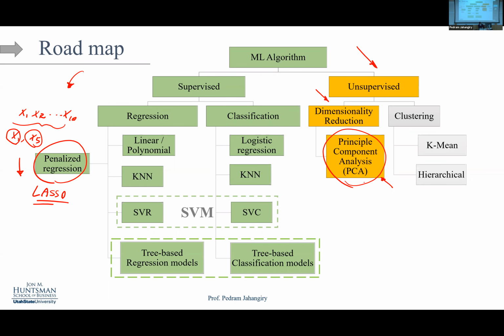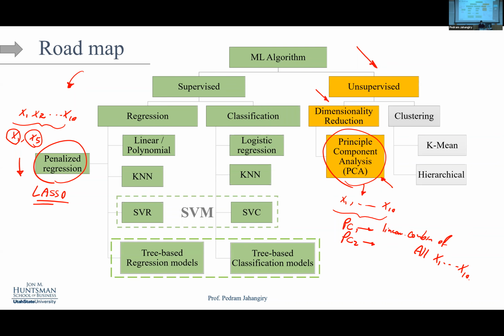However, in the unsupervised PCA method, if I have x1 through x10, we may end up with two principal components. So the dimension is reduced from 10 to 2, but each of these principal components is a linear combination of, and this is key, all the feature space. Does that make sense? So this is a big difference between the two, right?